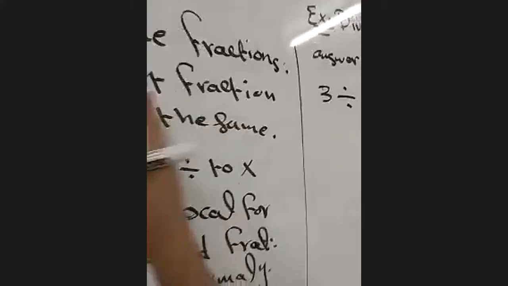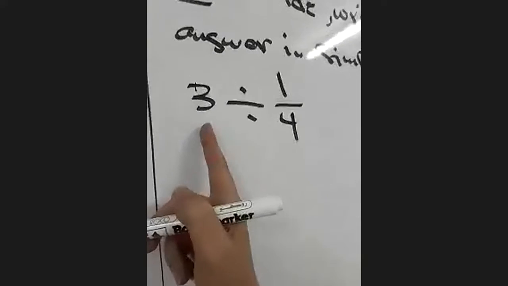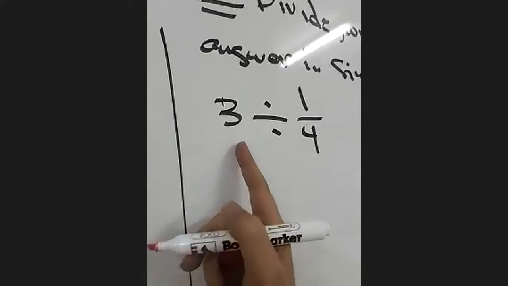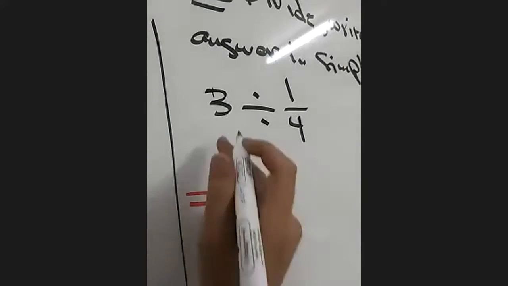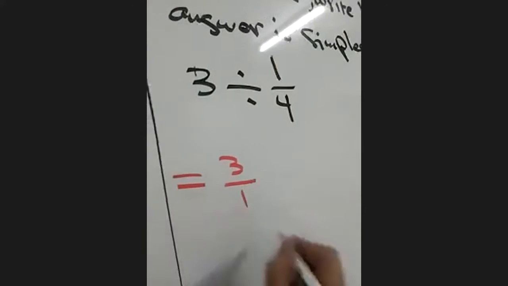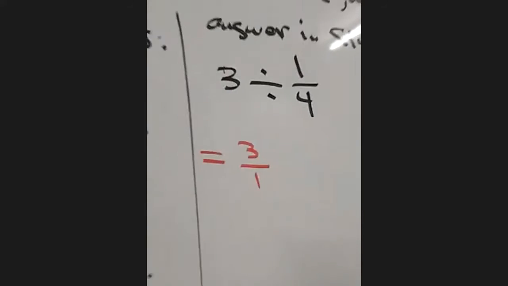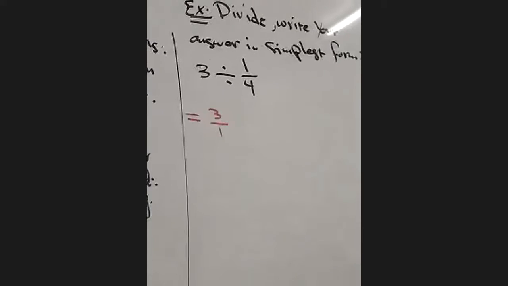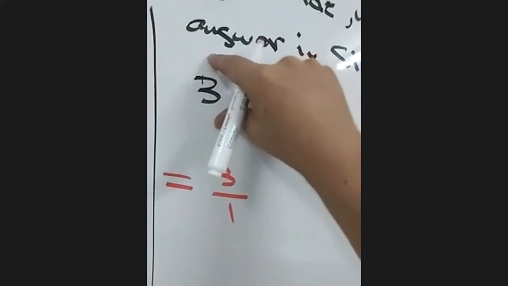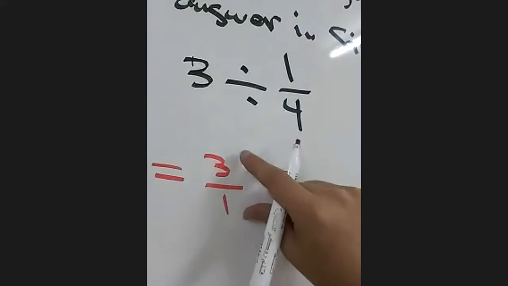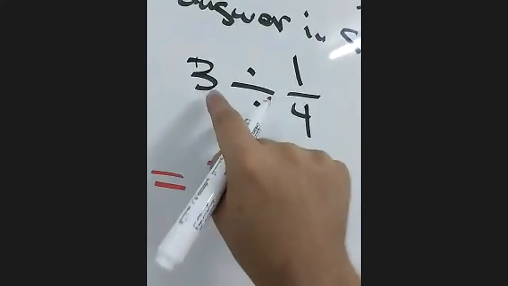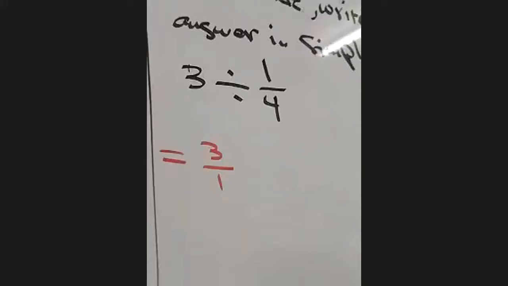Now, the first step, we said the first fraction stays the same. The first number here is a whole number, so it stays the same, 3, but we make it a fraction, 3 over 1, like this. If the first number is a whole number, we make it a fraction. If it is a fraction, keep it the same.